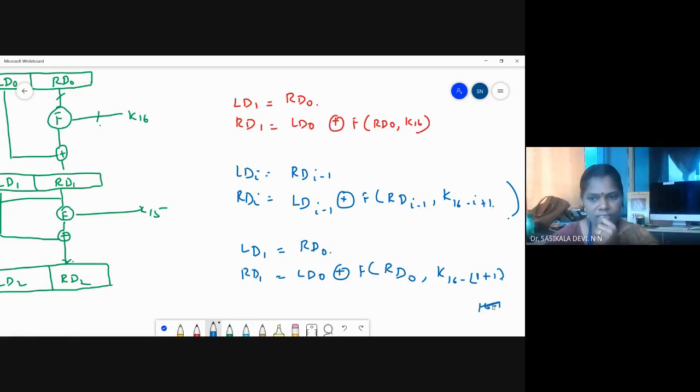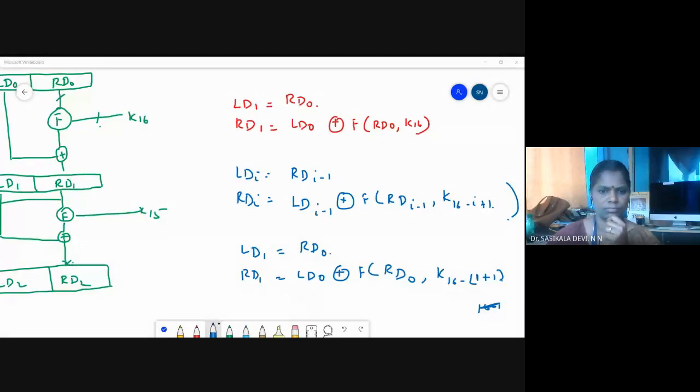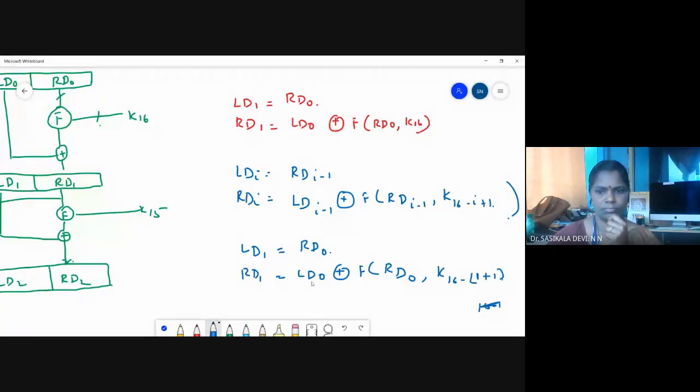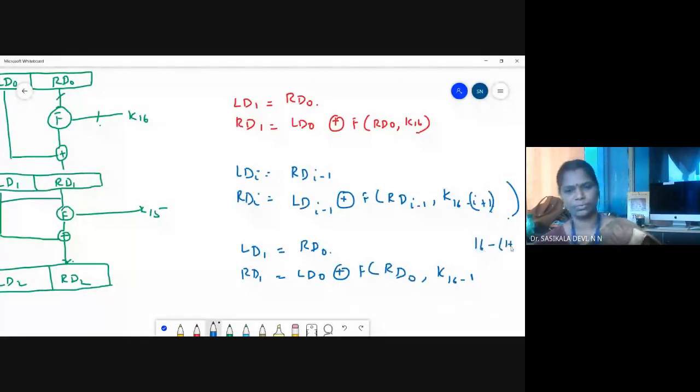Let me take the thing like this. Let me just try this: 16 minus I plus 1.